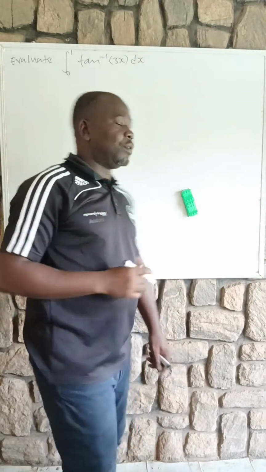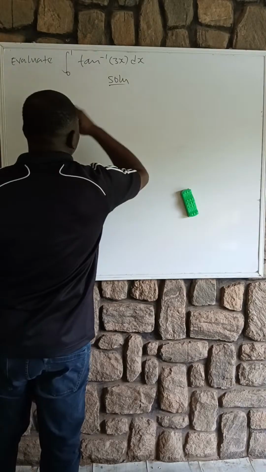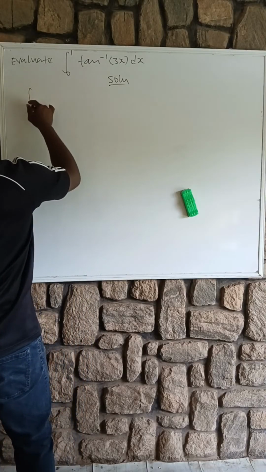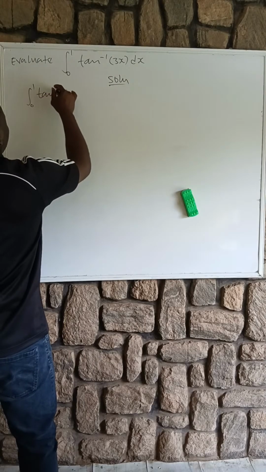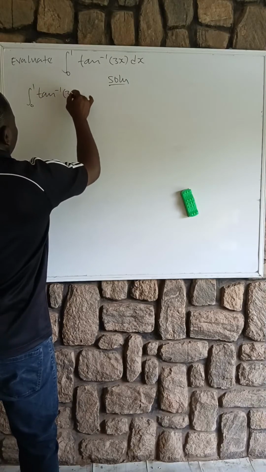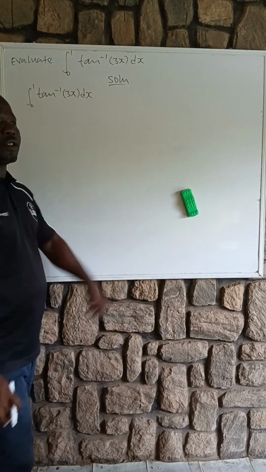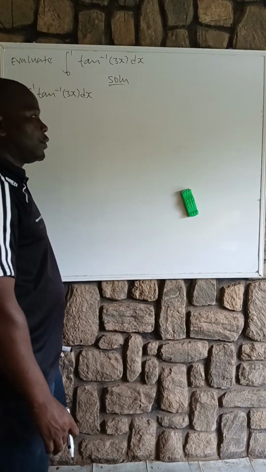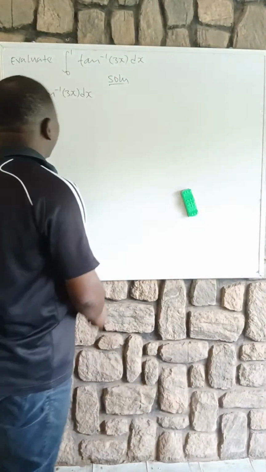It is not difficult. Okay, so we write the solution: integral from 0 to 1 of tan inverse of 3x dx. Now these are three functions, so you have to make use of the formula.